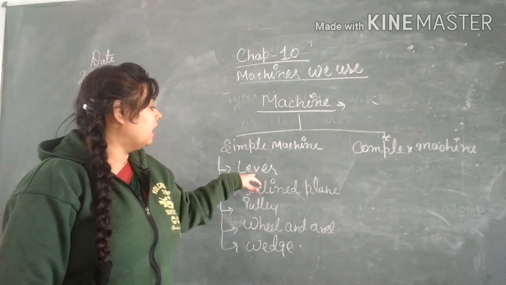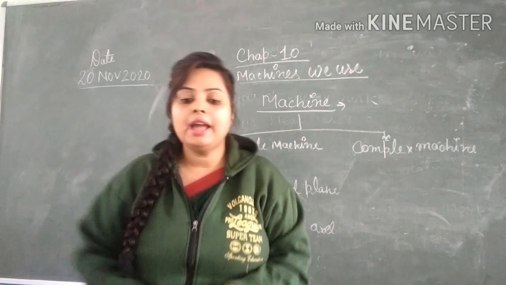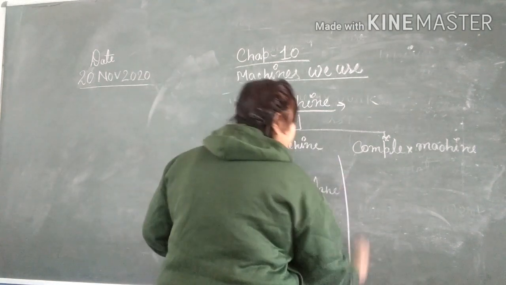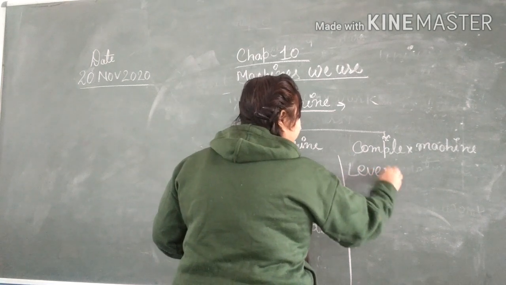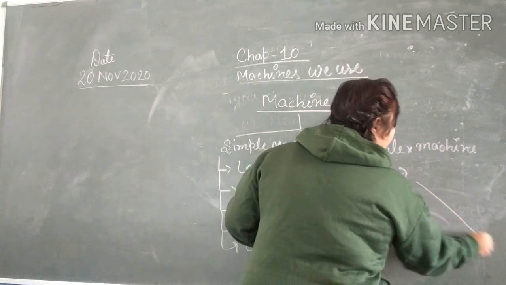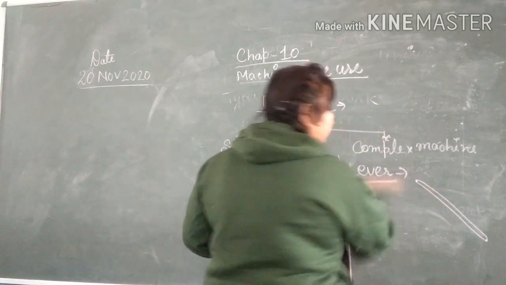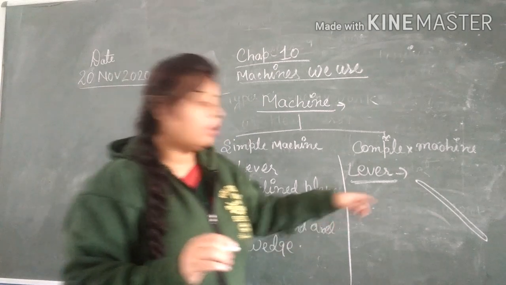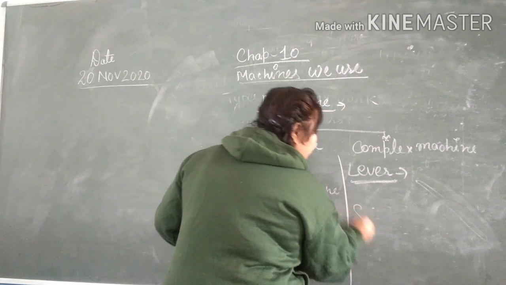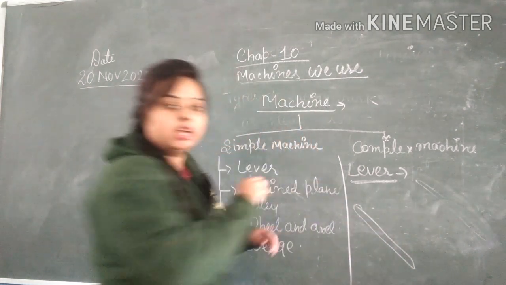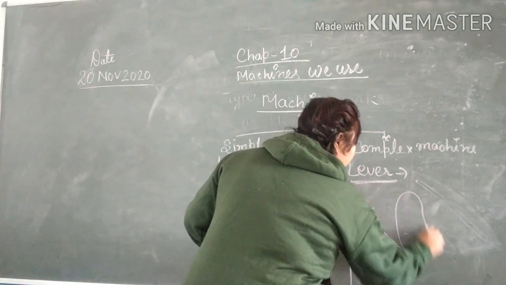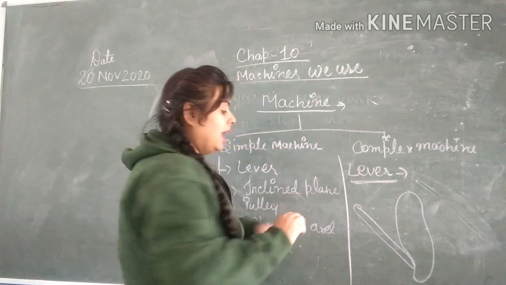So let's start with the first topic, and the first topic is the lever. What is a lever? A lever is a rod-like structure on which a load is applied.